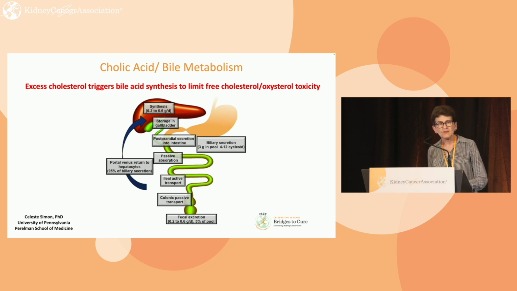And so if you don't think about HSD3B7 every day, it's actually part of the bile acid system. Obviously, bile acids are how we absorb lipids from the diet, and bile acid synthetic machinery can be triggered to limit free cholesterol, in particular oxysterol toxicity.